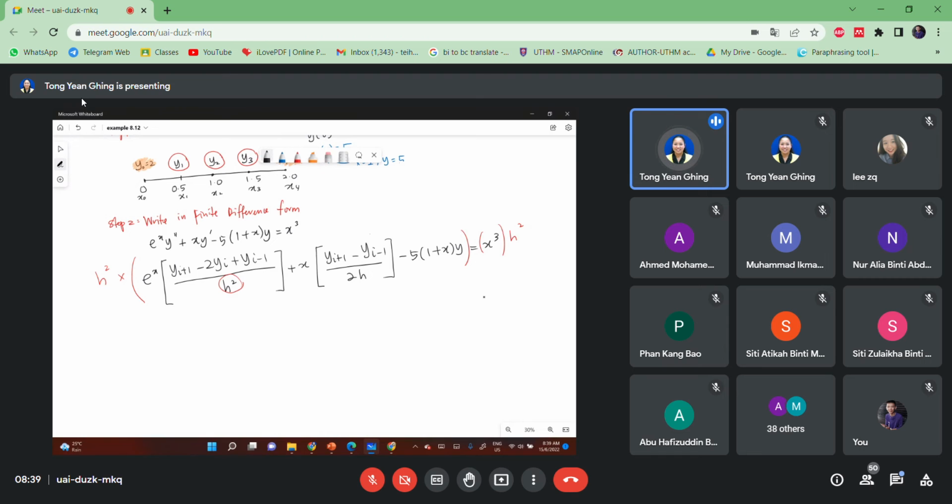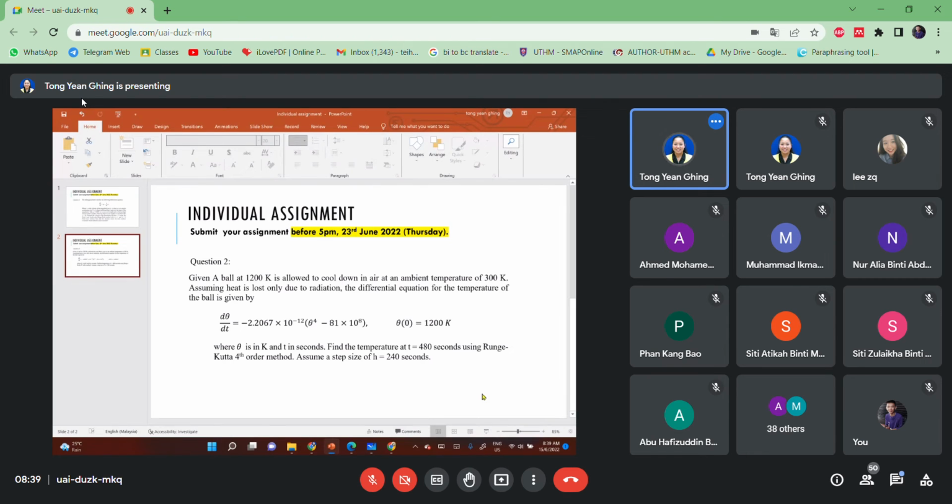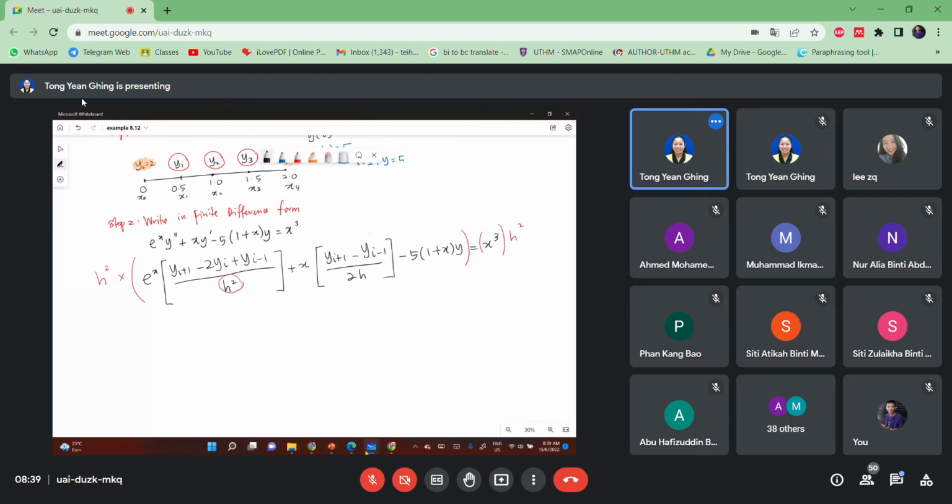When I times the whole equation with h squared, then I get e power of x, which is already eliminated. Then this one plus h squared, so here we still have h.